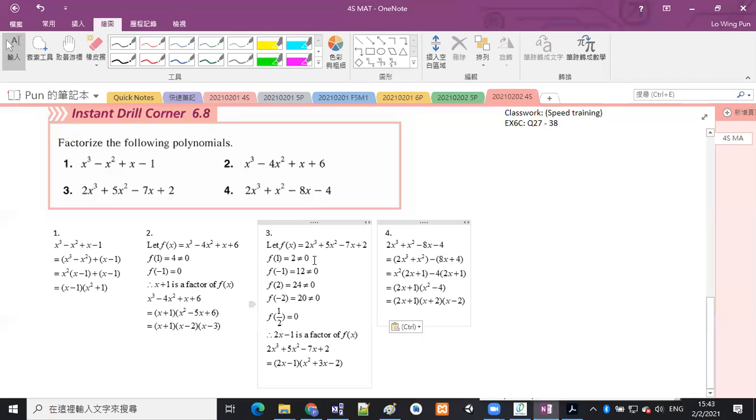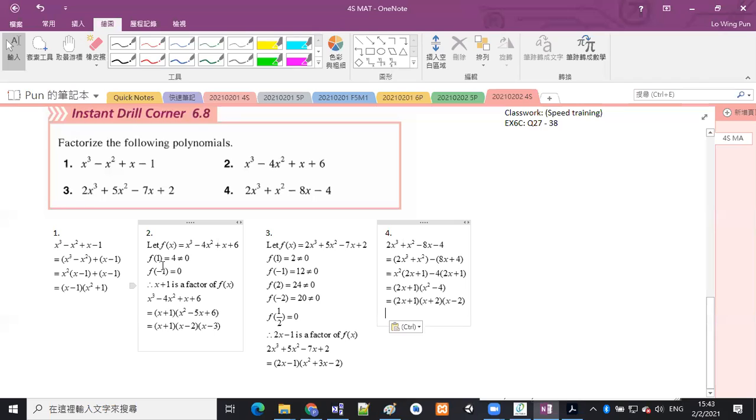And then number 2 and number 3 will be standard questions using the factor theorem. So we just list out all the possibilities, and I did not write them down.